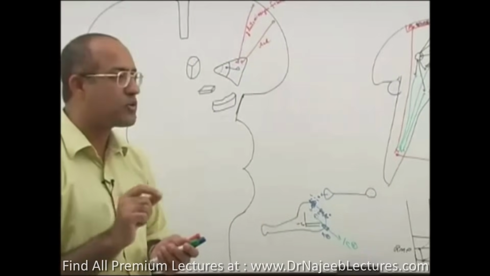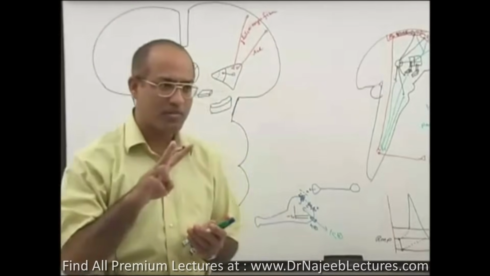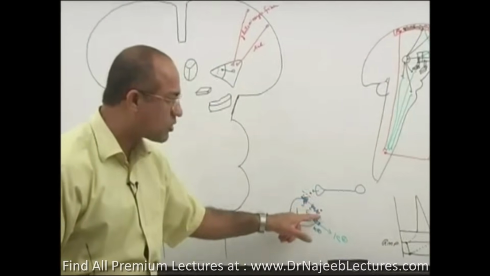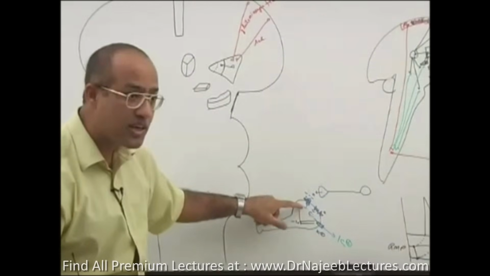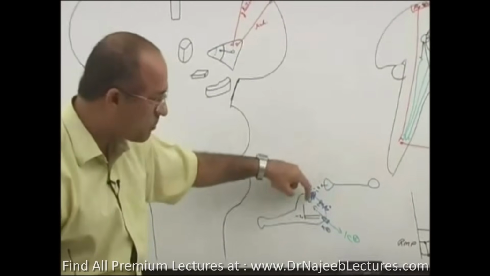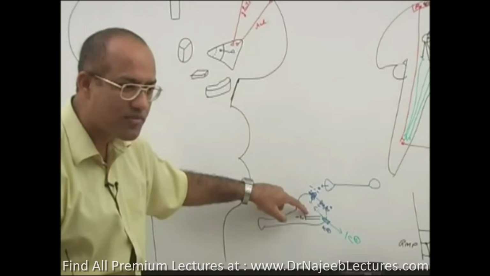So GABA knows how to make a cell inhibited. It has two mechanisms: either GABA works through GABA A receptors or through GABA B receptors. If it works through GABA A receptors, it opens the chloride channels, and chloride is more outside, so it jumps in. When the cell gets more anions, it becomes more electronegative, more hyperpolarized, more difficult to stimulate.